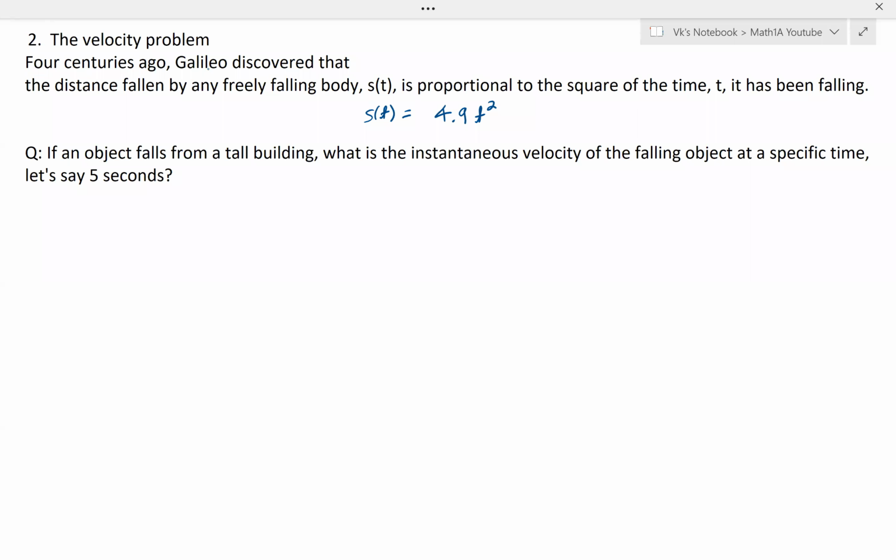Here's the question for you. If an object falls from a tall building, what is the instantaneous velocity? That is the velocity at the exact moment of the object at a specific time, let's say 5 seconds.